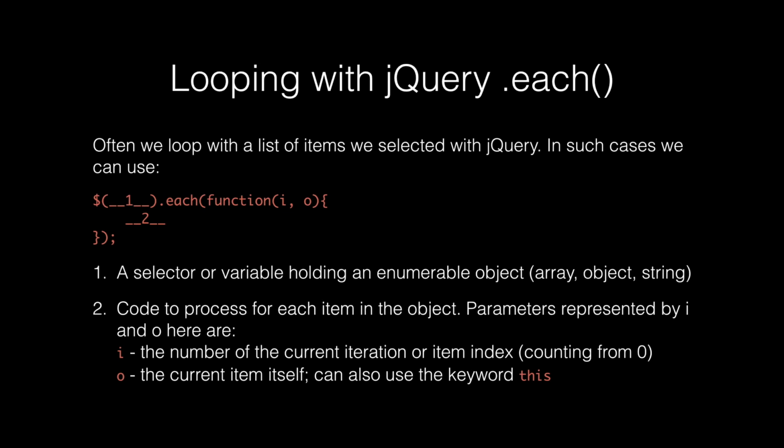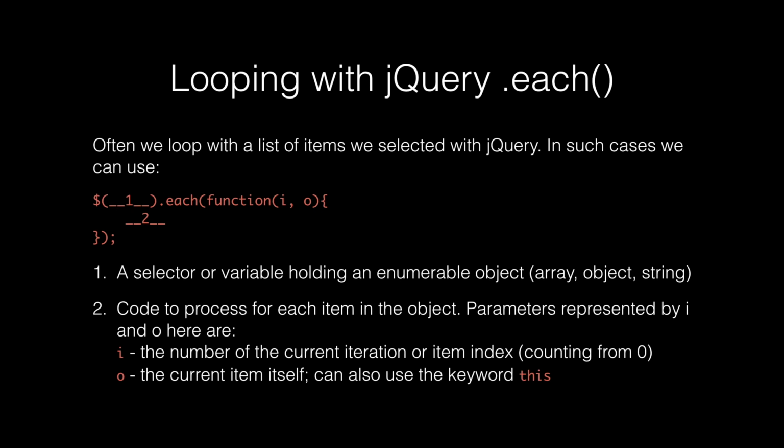So what we're putting inside of this is a function that's going to be processed for each of the items in the selector set there. So what do we do with each item? Well, we have an anonymous function that runs, and it accepts 2 parameters. i, once again, representing the iteration, and o, representing the current object or the current item that we're working with.